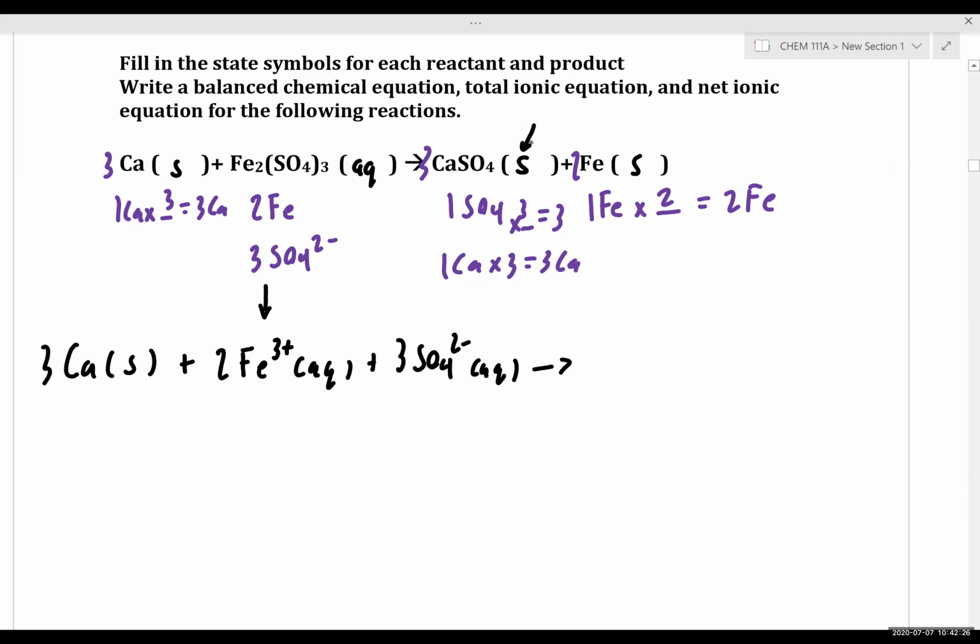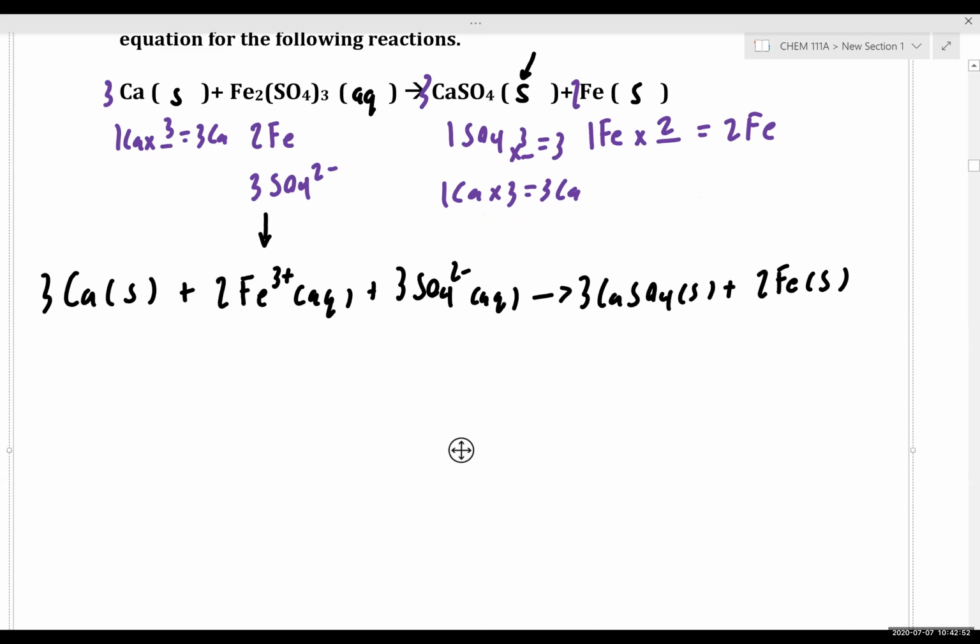Do we dissociate calcium sulfate? We do not. It has a solid symbol, exactly right. So that gives us calcium sulfate, solid, and iron is a brick. It's not soluble in water.